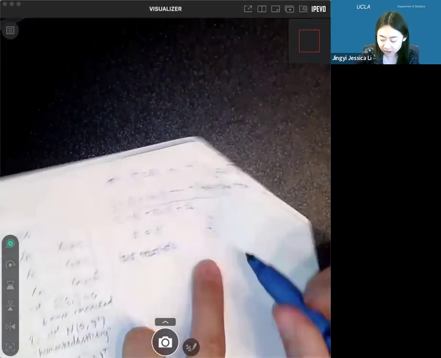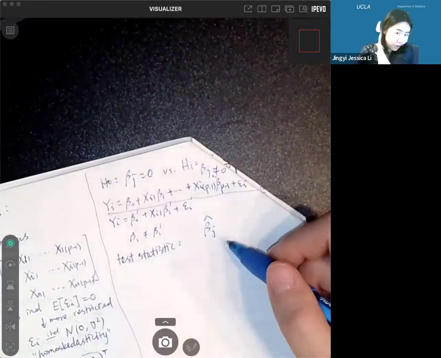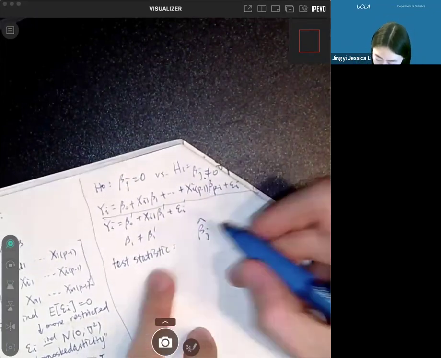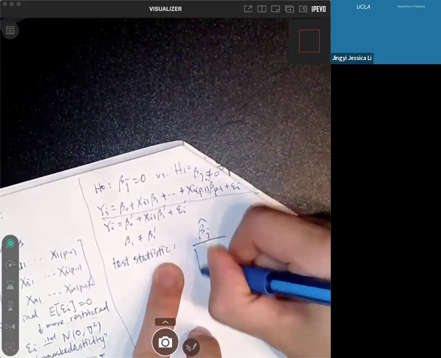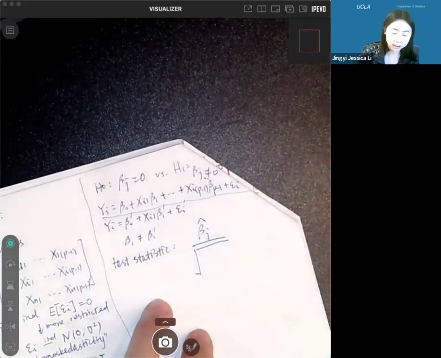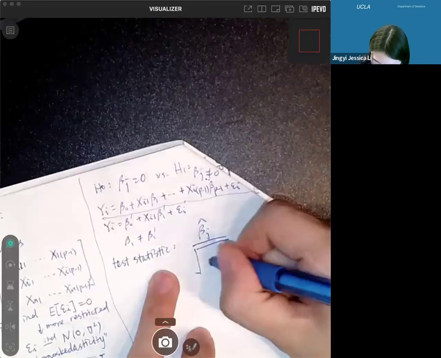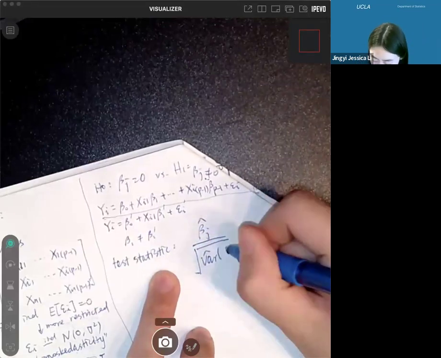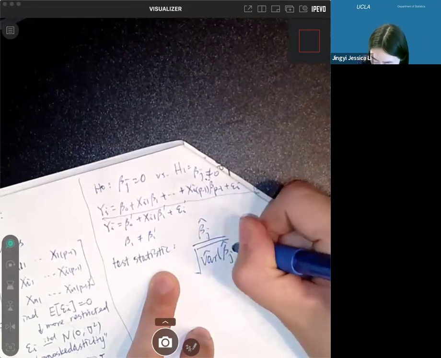Therefore, we standardize beta hat j to a test statistic. What we actually did is divide it by the so-called standard error of the distribution of beta hat j. It's the square root of the estimated variance of beta hat j.